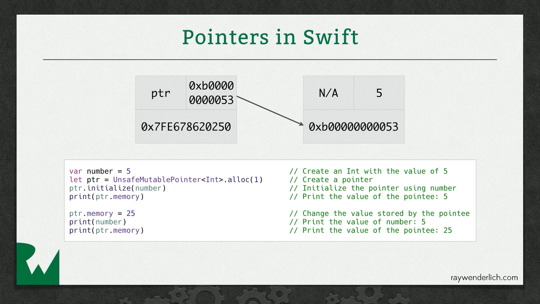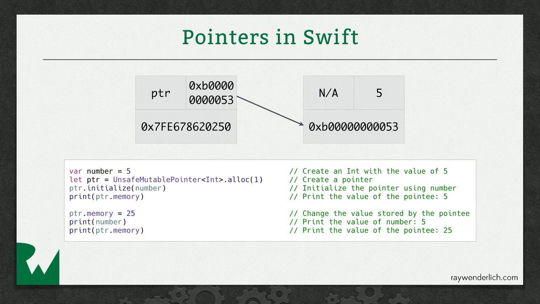If we then look at pointers in Swift, and we take the same example, Swift doesn't give us direct access to pointers. It gives us a struct that wraps a pointer, and these make full use of generics. So we can use types. So again, we create our number, 5. We then create a pointer. Because we want to change this number, we use unsafe mutable pointer.